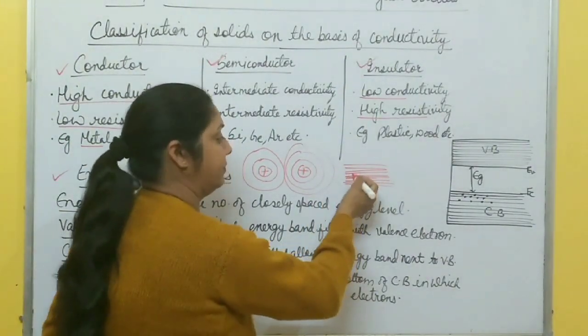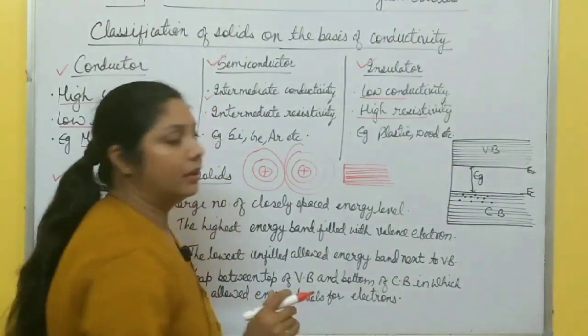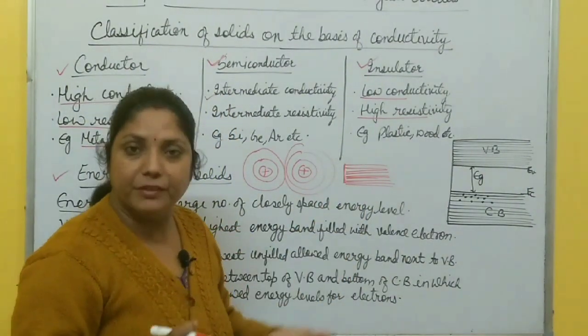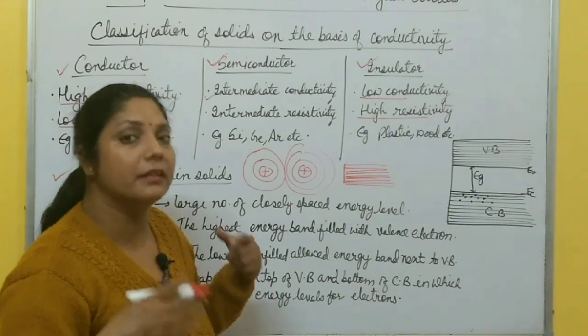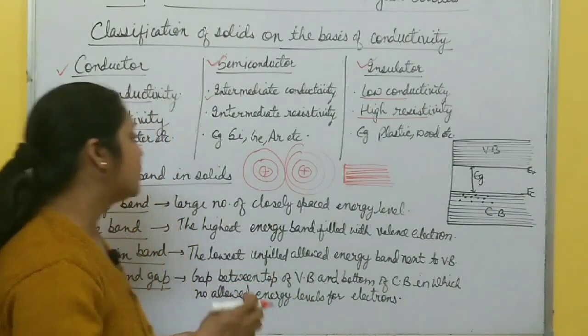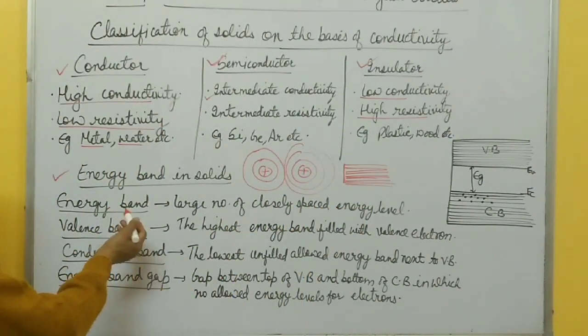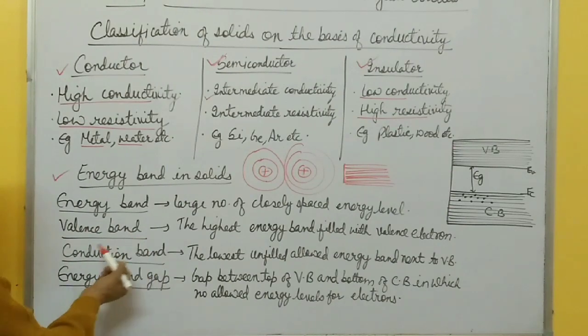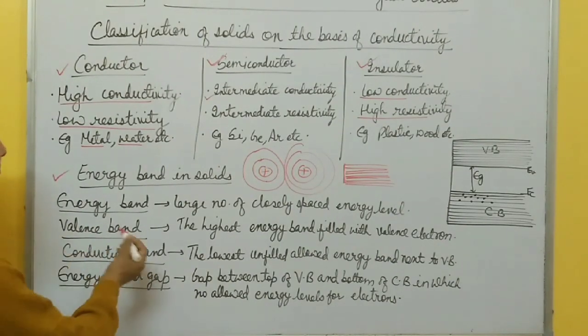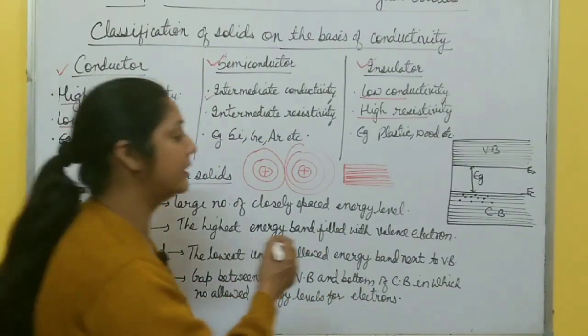And in this energy band, some levels are filled with valence electrons, some levels have no valence electrons, they are unfilled or vacant. So on the basis of the number of electrons, this energy band is also of two types. One is valence band, another one is conduction band. Valence band is the highest energy band filled with valence electrons.